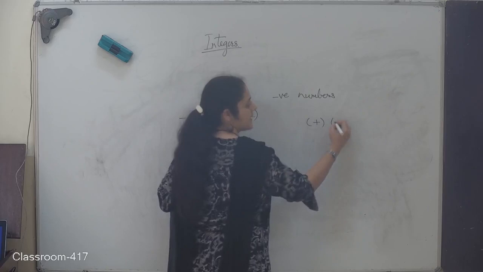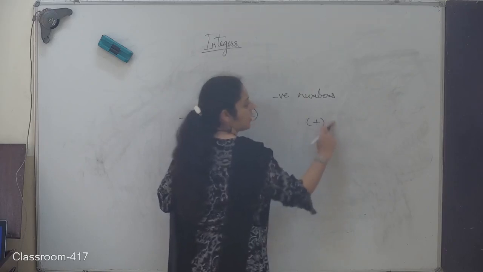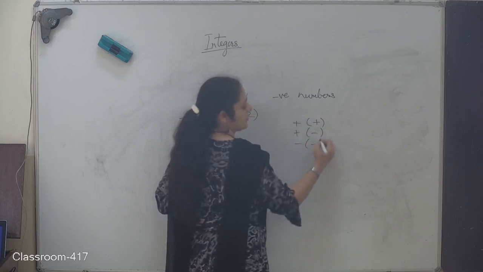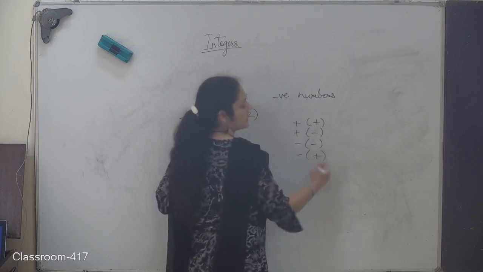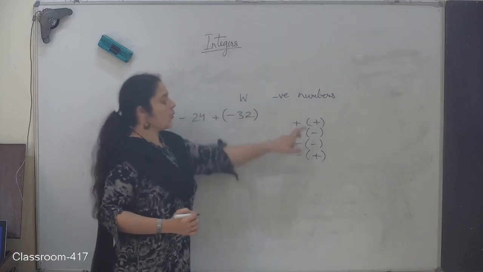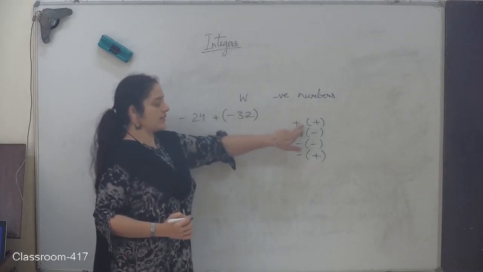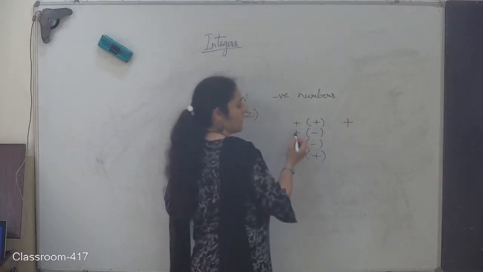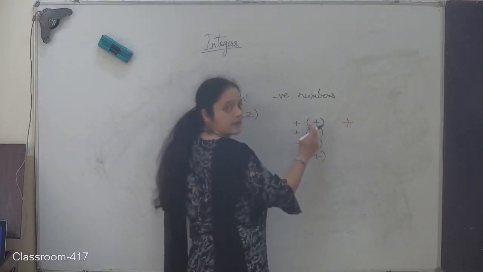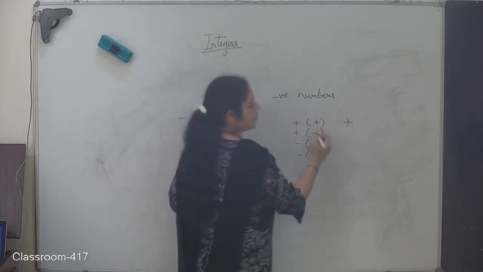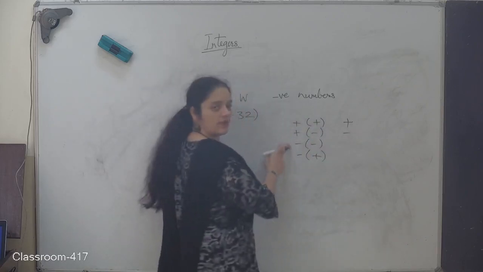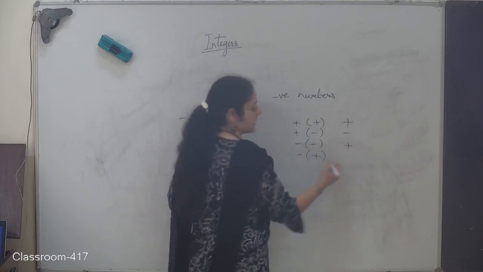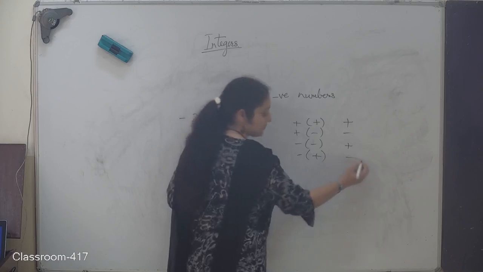If we have a plus sign before the bracket, the sign inside the bracket does not change, so a plus and a minus inside remains minus. Whenever you have a minus before the bracket, the sign inside the bracket will change. So minus minus becomes plus and minus plus becomes minus.